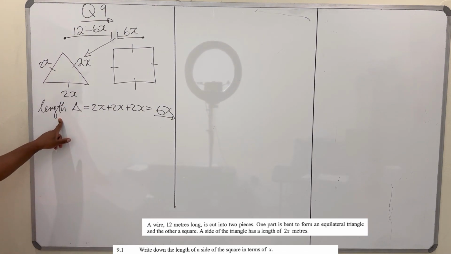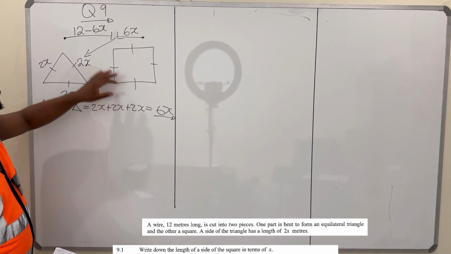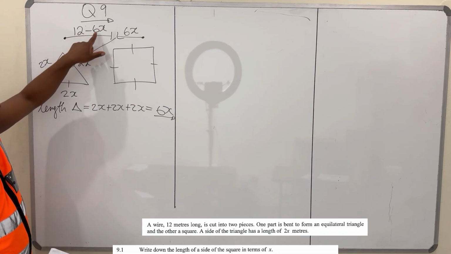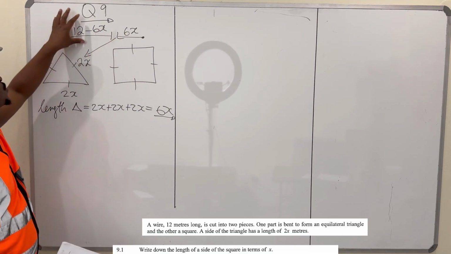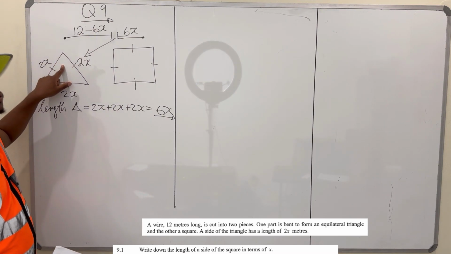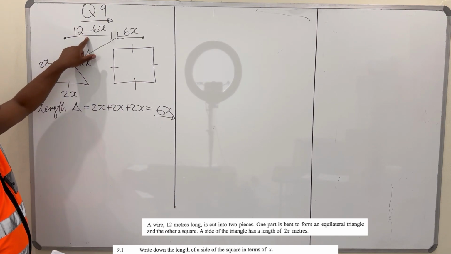That is the length of the wire used to form the triangle. No problem. Then what is remaining is 12 meters minus 6x, because from the total length of the wire, you remove the 6x that is used to form the equilateral triangle. Right? So you are left with that.